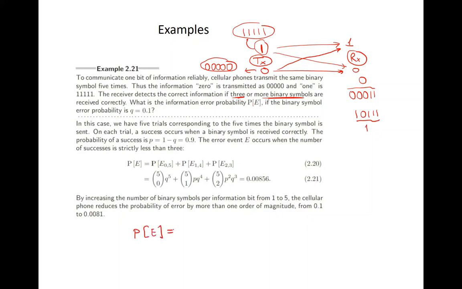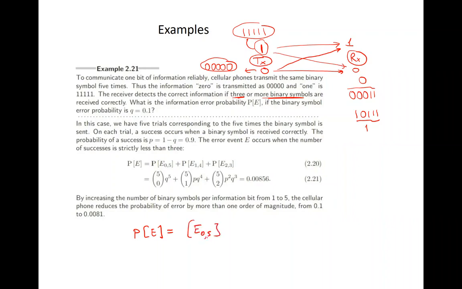PE is going to be simply, I transmit a sequence and I count the number of bits. If the number of failures is less than 3, then I might not have any error. If it is greater than 3, then we get an error. So we can simply look at the combinations of E 0,5, right?